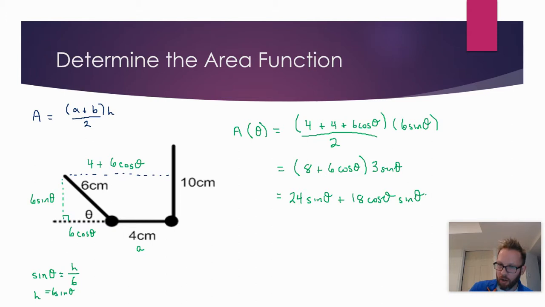Now, some of you might recognize 18 cos theta sine theta. You could use an identity and write that as 9 sine 2 theta. That wouldn't actually help us make setting the derivative equal to 0 and solving any quicker. So I'm going to suggest just leaving it as that for the moment. And let's move on. I've got another slide ready to keep on with this problem here.